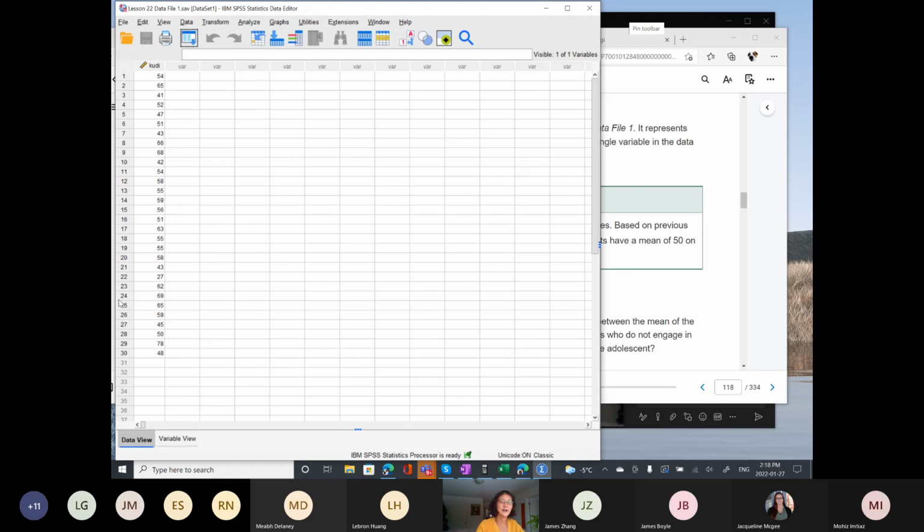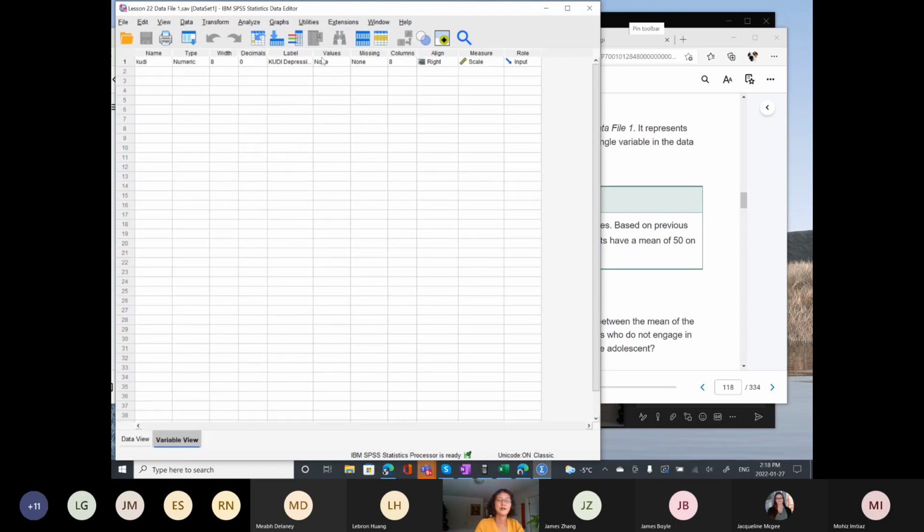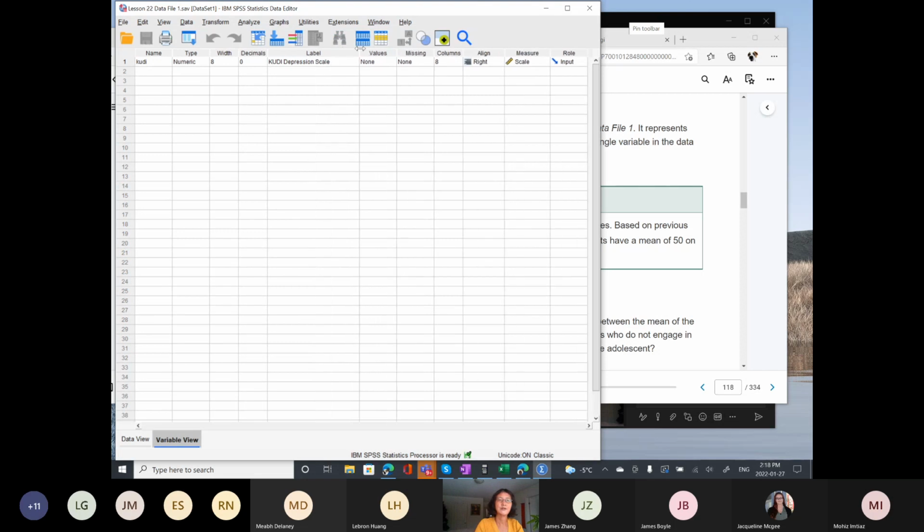So in this data file, we have 30 participants, 30 students. The variable KUDI, go to variable view. It is a KUDI depression scale. And how is this variable defined?